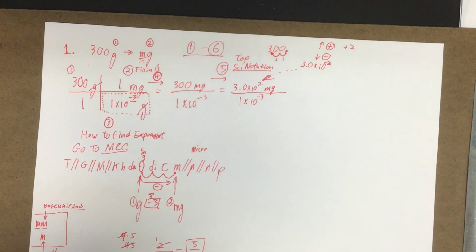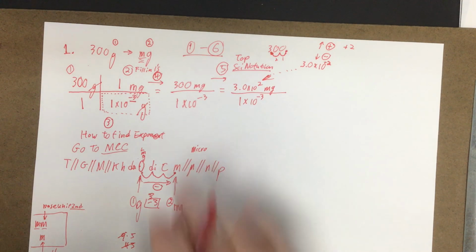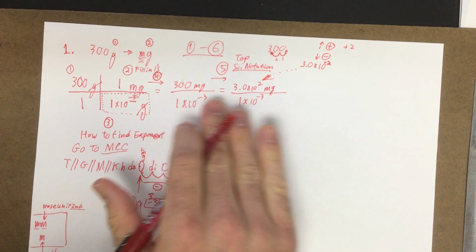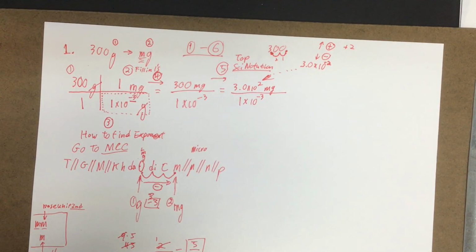And if you followed me there so far, congratulations. That's excellent. If you didn't follow me between this step and this step, the only problem that you're having is this scientific notation, so don't worry too much about that. You can just practice some more of those problems.